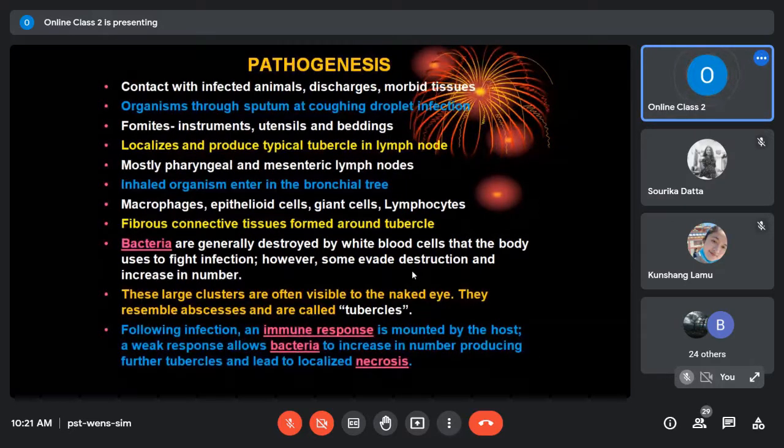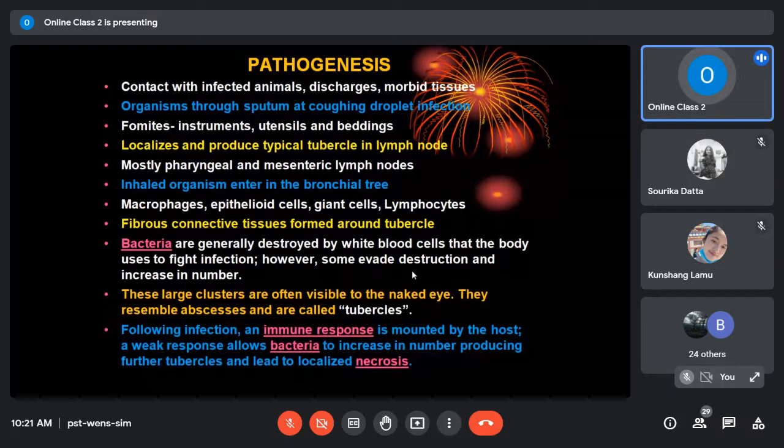In the case of TB, it is termed a tubercle. If you make a section grossly, the central part will show some cheese-like material, which is due to the caseous necrosis. These particular tubercles are formed in the affected organs.